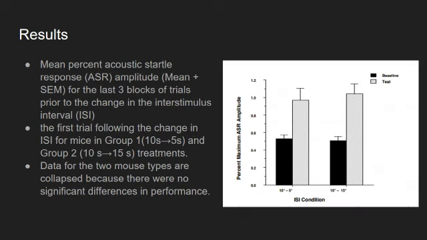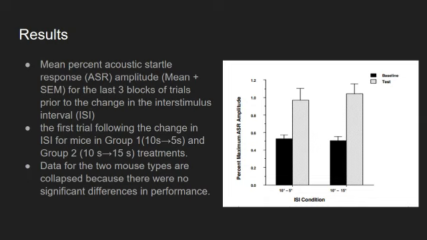This is a graph of percent maximum ASR amplitude with a change in interstimulus intervals for the last three blocks of trials. This graph shows the maximum acoustic startle response obtained by changing the interstimulus interval condition in the two groups of mice: group 1, 10 seconds to 5 seconds, and group 2, 10 seconds to 15 seconds.